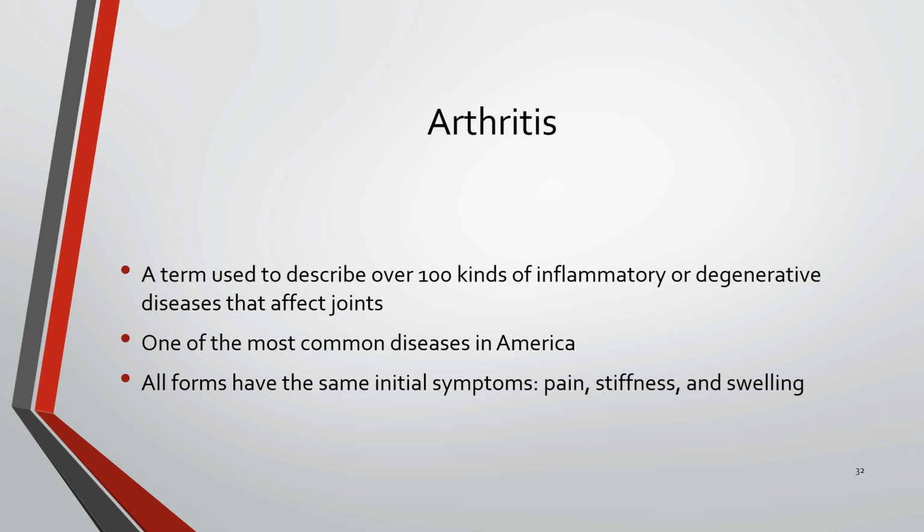So if somebody says they have arthritis, they have some sort of issue with their joints, generally causing pain, stiffness, and swelling. Arthritis is one of the most common diseases in America. We usually don't have it at the age that you are at, but possibly your grandparents might have arthritis of their hip, or within their hands or something along those lines. Again, it's a very common disease that we see.